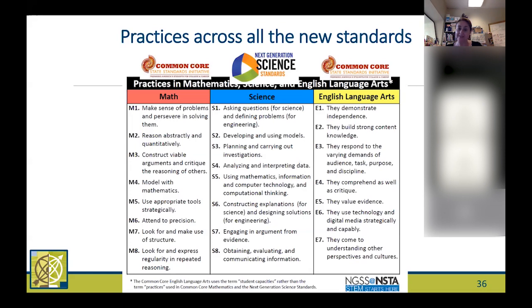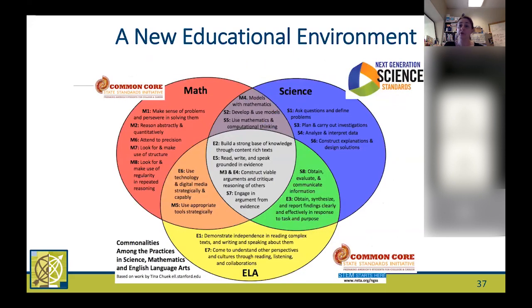So when you're looking at page 2 of your handout, you are going to see this slide. You're going to see the image that is in this slide. This is a document that has been developed by Stanford.